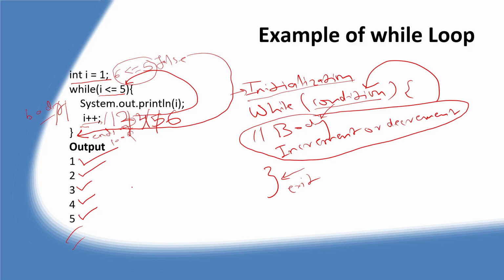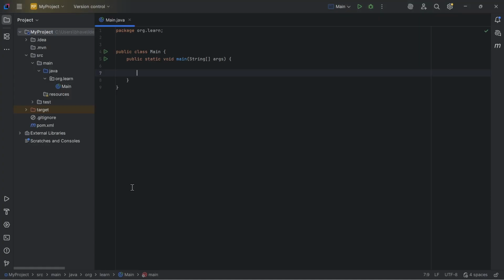Let's go to IntelliJ and look at another example. We will see how to print even numbers using a while loop. So int I equals 2. Initialization done. Then while condition, let's say I less than or equal to 10.